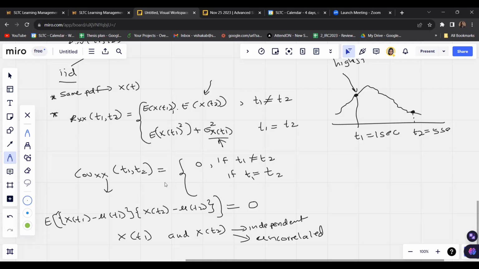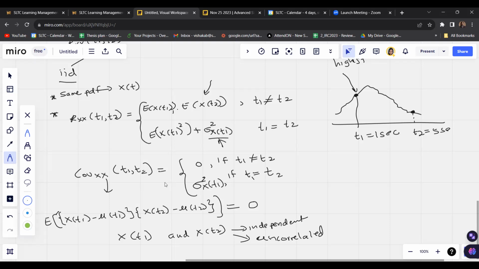At the same time instance, the covariance value will be equal to sigma squared of x T1. That also you can try to figure out by the definition of the covariance, and get these two values for the covariance under these two conditions.